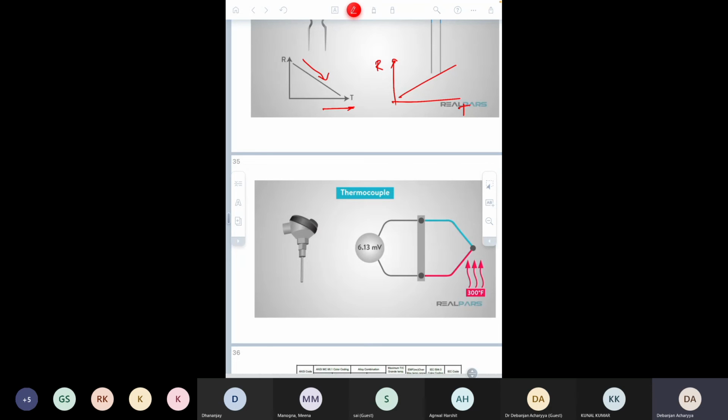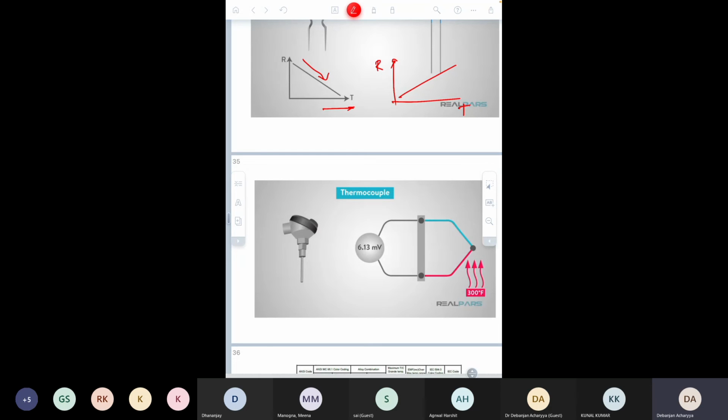Thermocouple is generally based on the Seebeck and the Peltier effect, where a cold junction and hot junction phenomenon occurs if you have two dissimilar materials and the junction of the two dissimilar materials has a temperature difference.